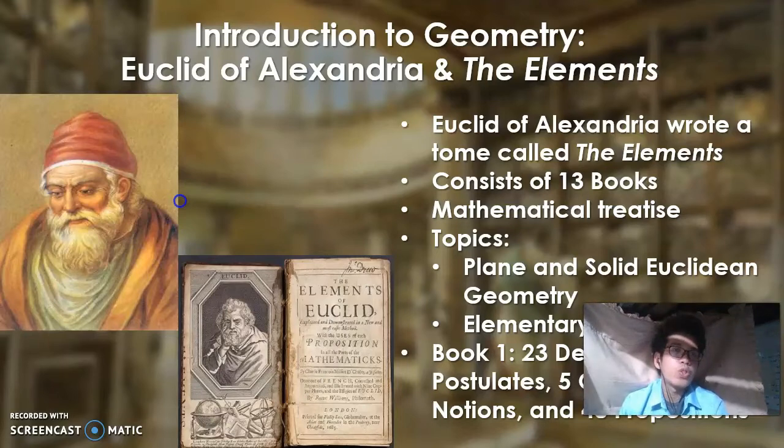There you will study modern geometry, which includes non-Euclidean geometries, the geometries for higher dimensional spaces. But for our introduction to this course, we'll only deal with plane and solid Euclidean geometry. The Elements also contained some proofs and theories about elementary number theory.